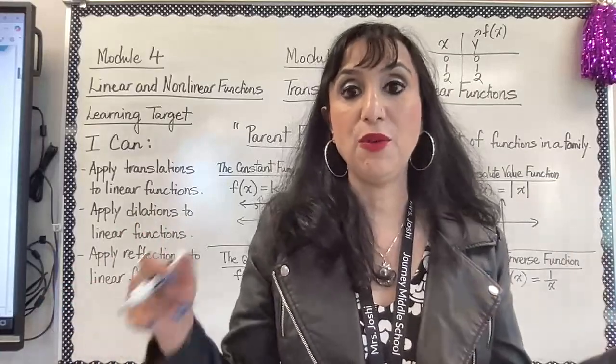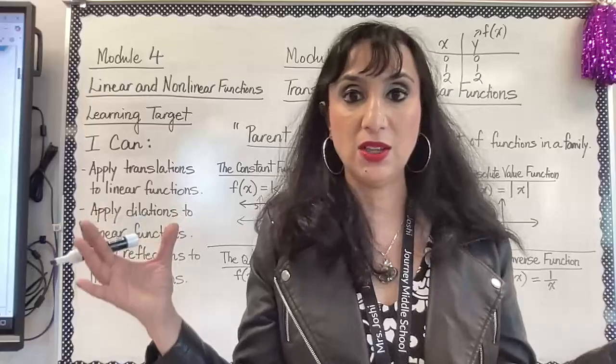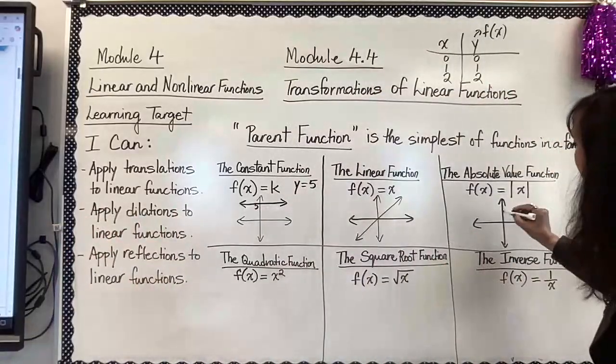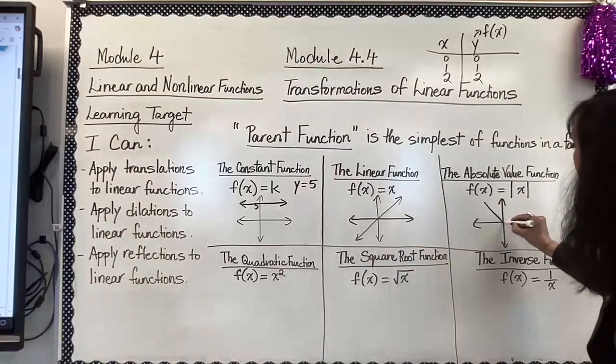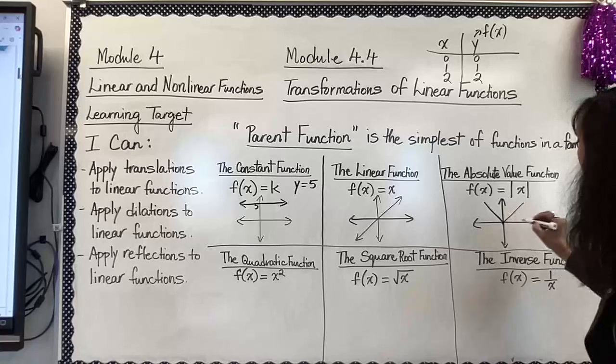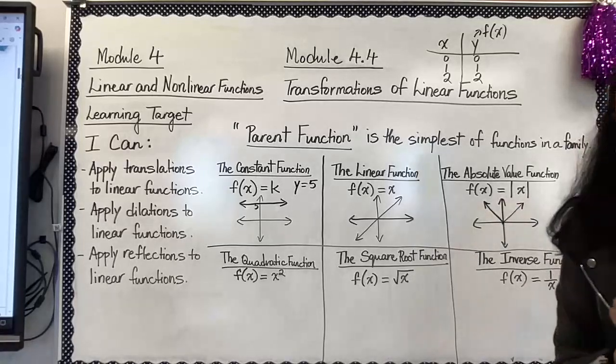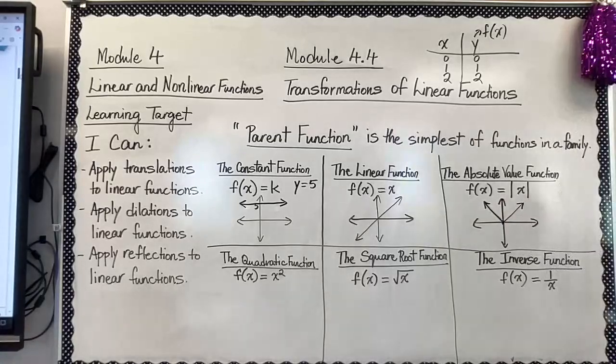We know that -4 and 4 have the same distance on the number line. So the graph looks like this. It looks like a V, and the vertex actually stops at the origin, and this is the graph of an absolute value function. F of x is equal to the absolute value of x.